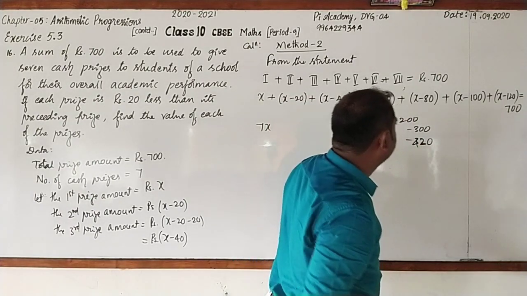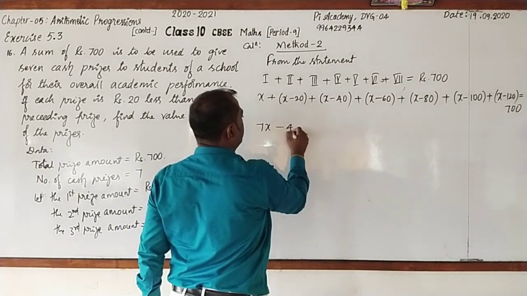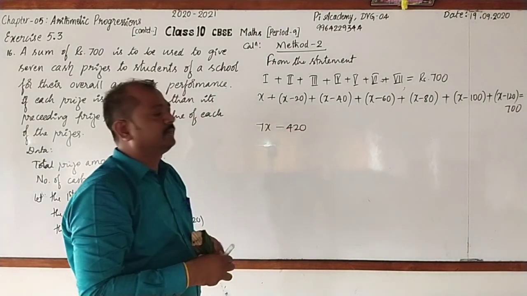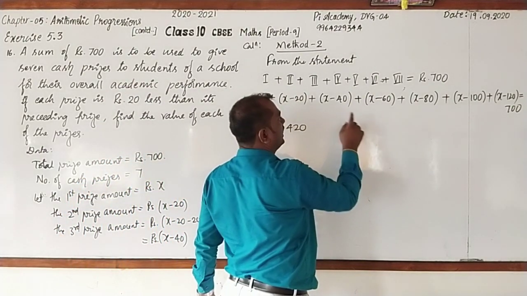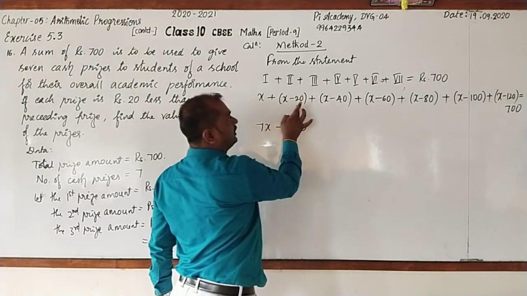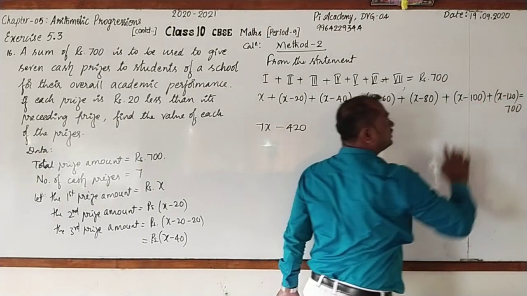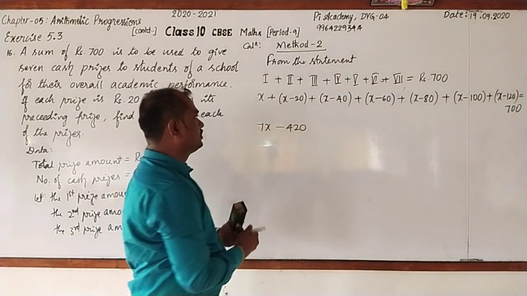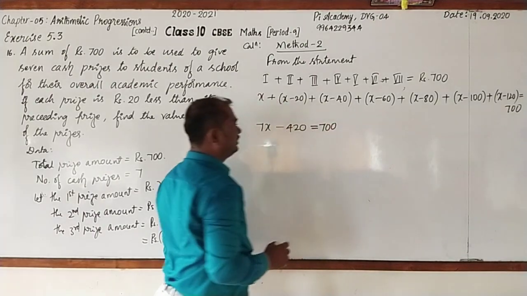Clear? Even it can be found out in an easier way: 60 and 40, 100. 80, 20, 100. 100 plus 100, 200. This is 300. Then that is 420. So minus 420, it is equal to 700.